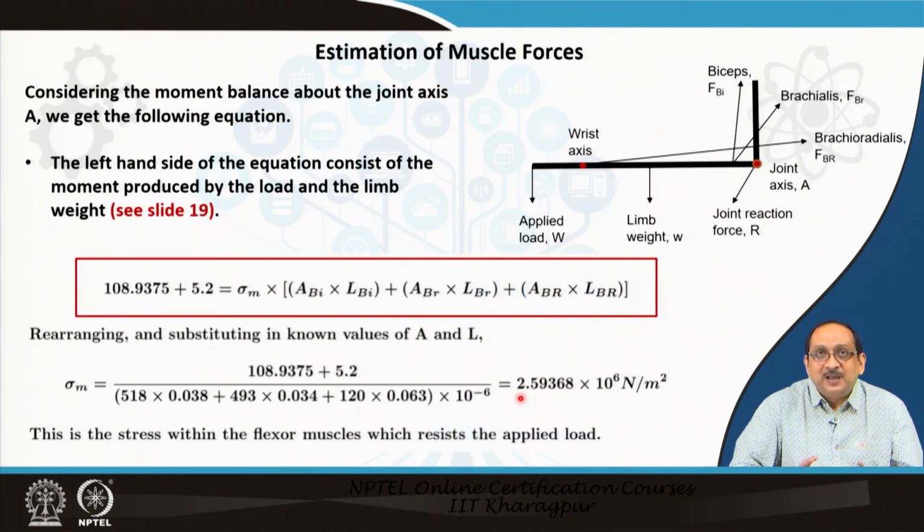Now, once we have calculated the individual moments corresponding to the muscles as well as the moments of the external forces, we need to balance these moments since the limb is in equilibrium while carrying the load. So, the moment balance about the joint axis can be considered. On the left hand side of the equation, we have the moments generated by the load and the limb weight.